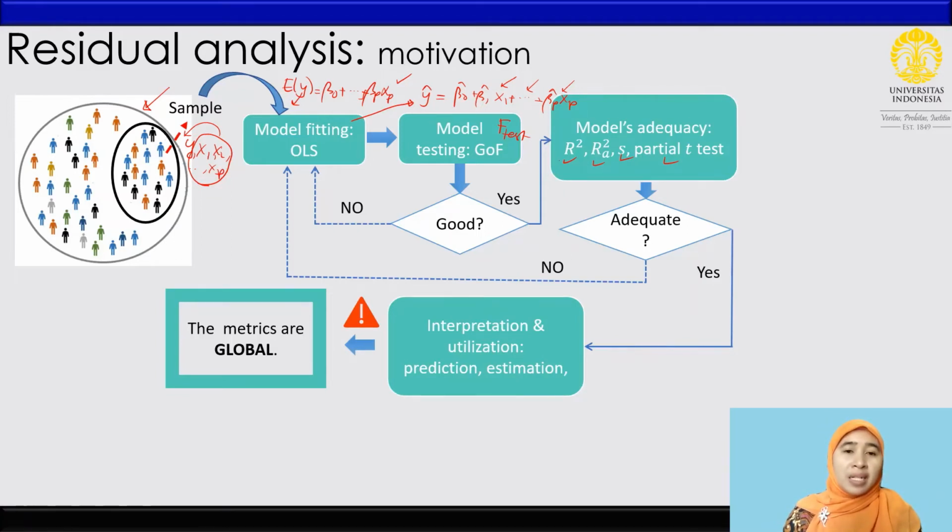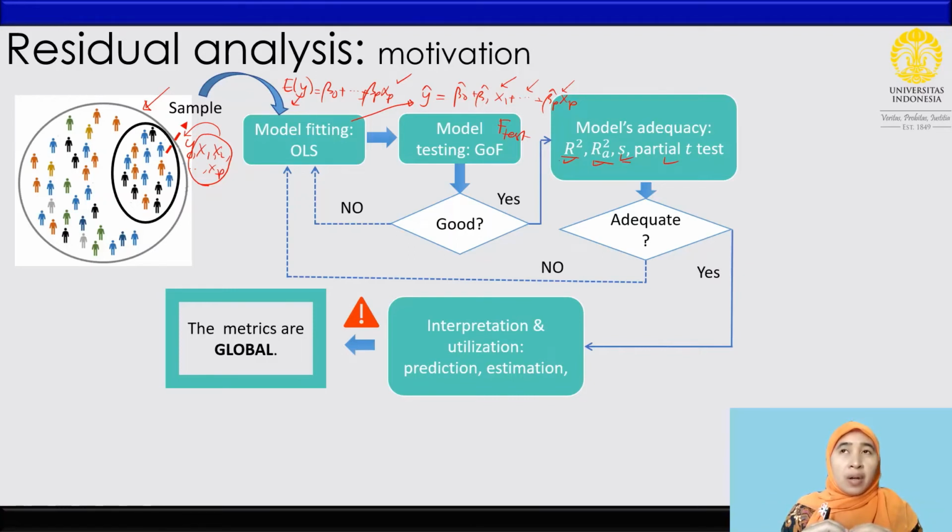We should be aware that all these metrics, like the F test, the R squared, adjusted R squared, mean squared error, and partial t-test, are all global metrics. Global metrics means measuring the performance on average.